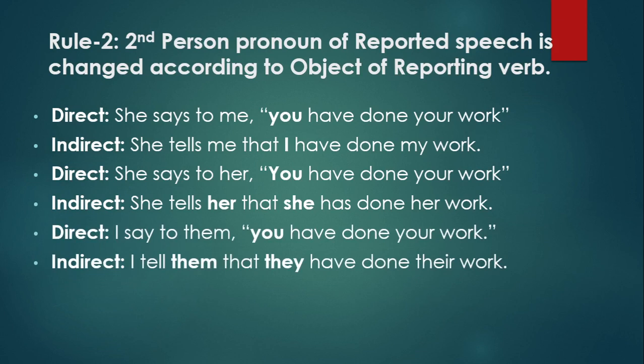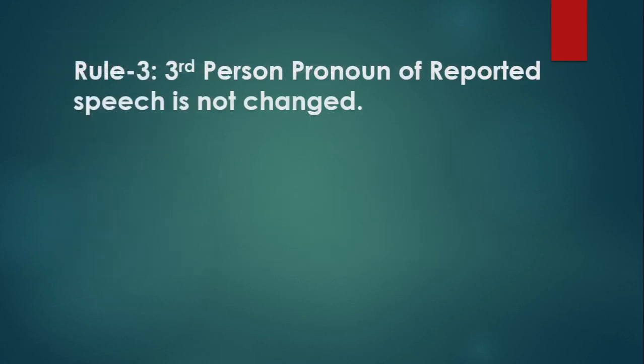So now we are changing a type of assertive sentence. Okay, the narration of assertive sentence. So here you see rule number 3, third person pronoun of reported speech is not changed. So we need not change third person pronoun of reported speech.